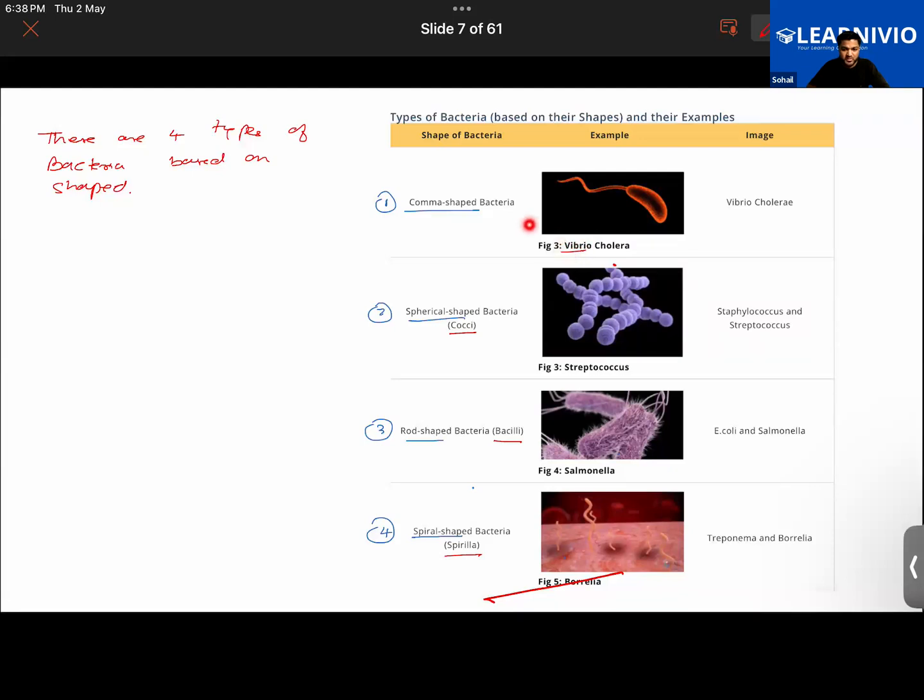Then look at this one having a spherical shape. So it has a word in its name called cocci, or coccus is written somewhere there. Then you have this bacilli shaped bacteria. Then you have some exception like salmonella. So hope you are getting what I'm trying to say. Yes, sir.